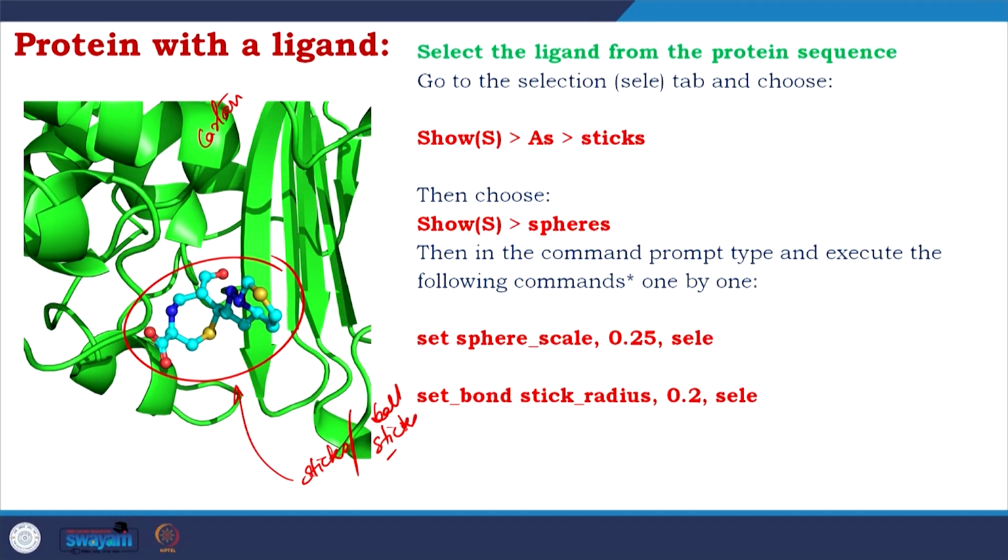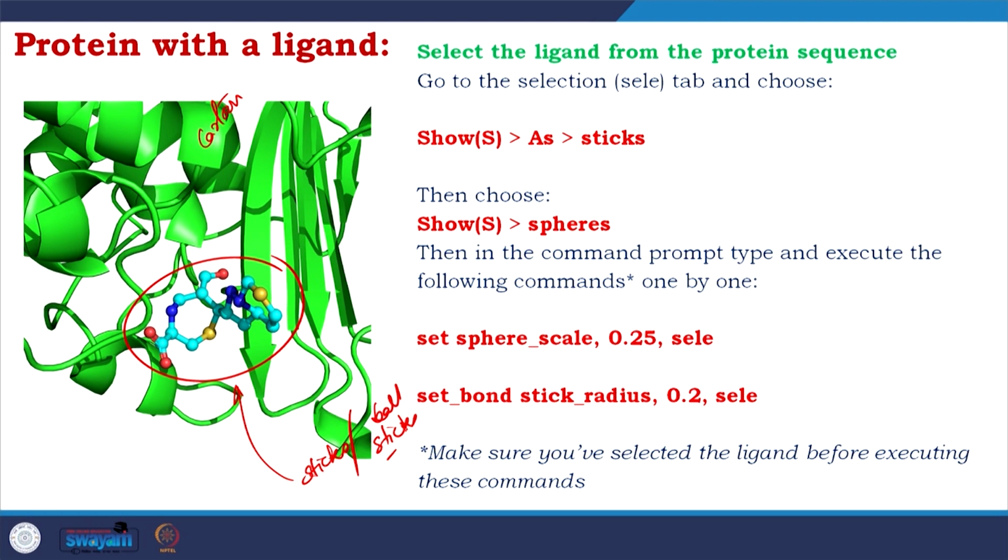Set stick_radius 0.2, Sile. Make sure you have selected the ligand before executing these commands, because if you do not select the ligand, it would be applicable to every bond, right. The only way you could differentiate between the ligand with others is by selecting it and then selecting the parts.